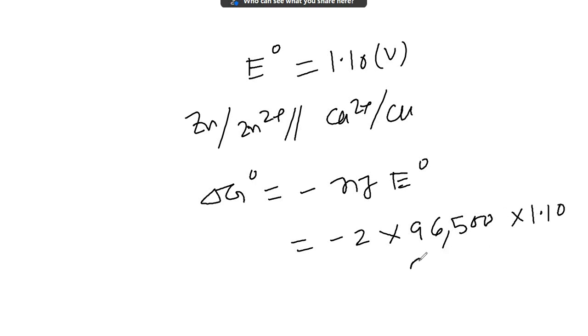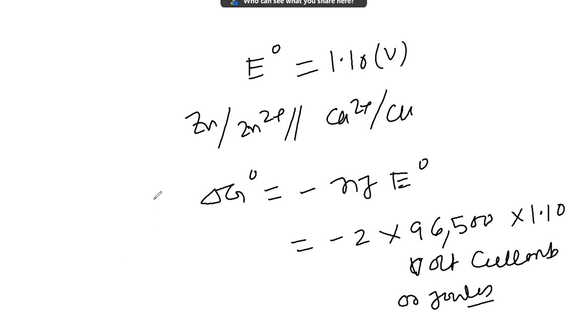It will be in volt coulomb or joules. Now that gives the standard free energy with standard EMF. Now if I want to find the equilibrium constant, how can I do that, that part I will tell you.